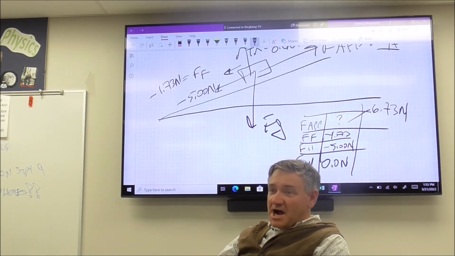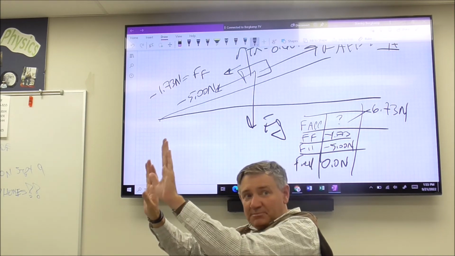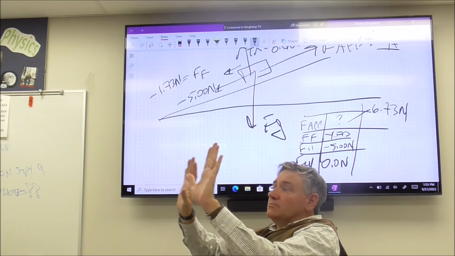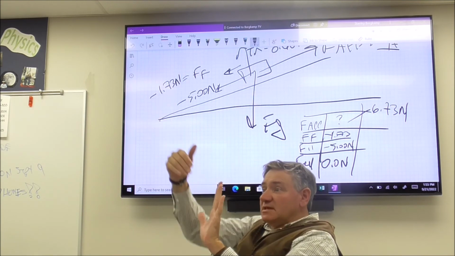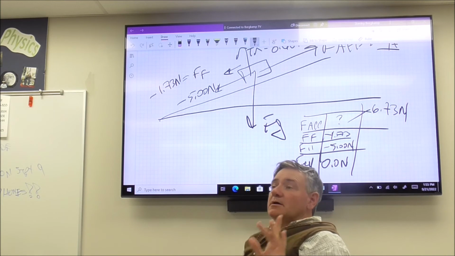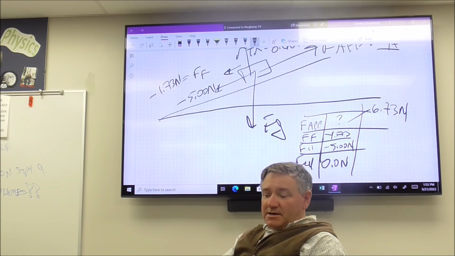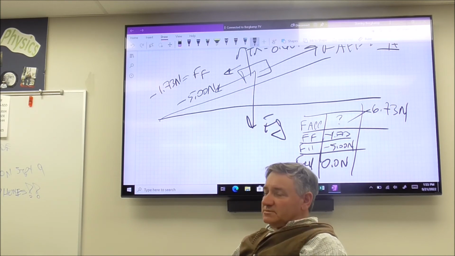Okay. So I imagine I'm on the downhill side, pushing to keep this thing from sliding down. I want to slide it down at a constant velocity. Two most important words: net forces add up to 0.